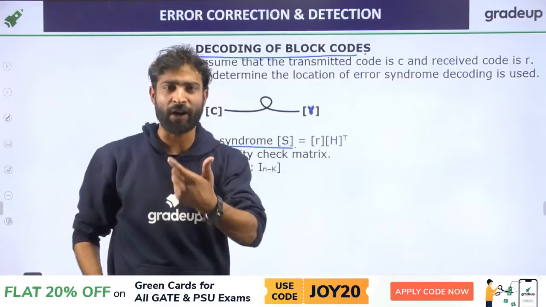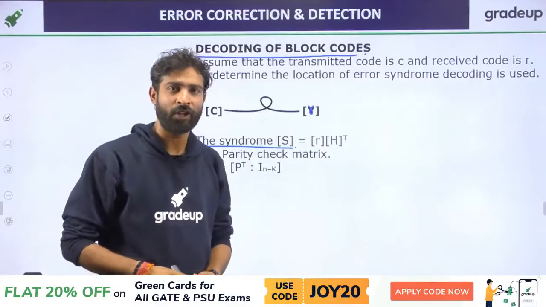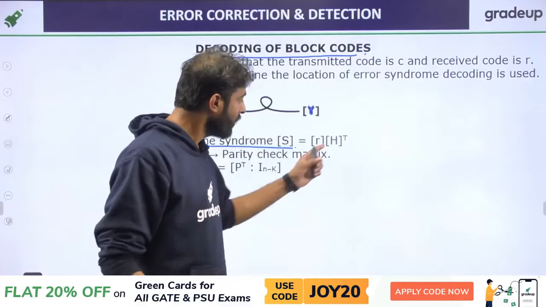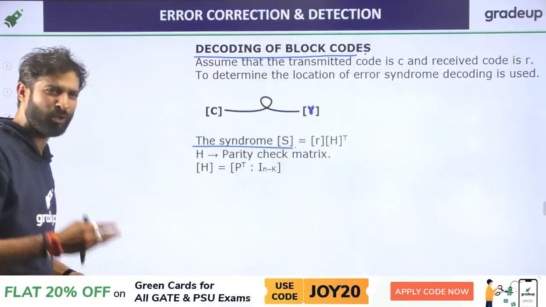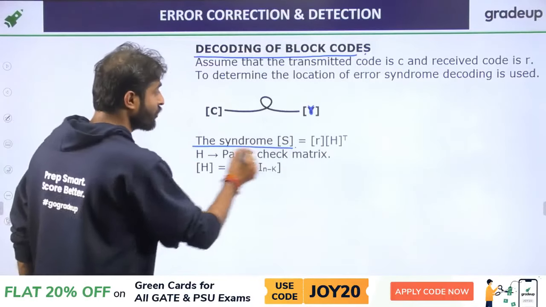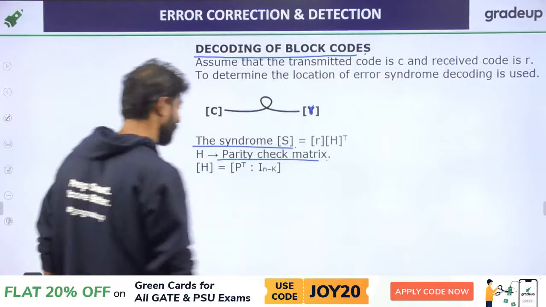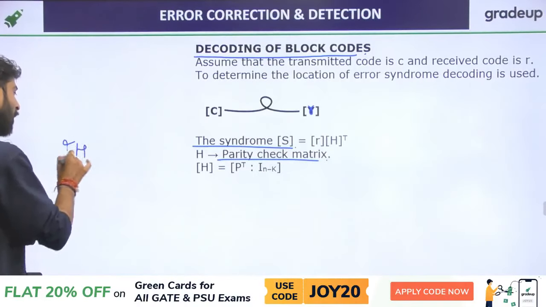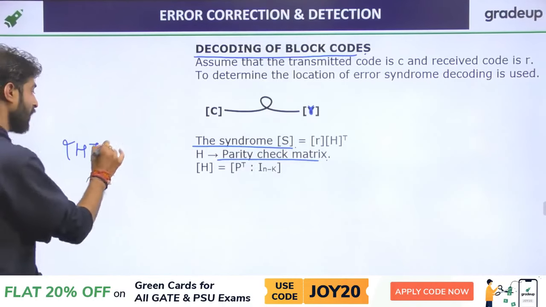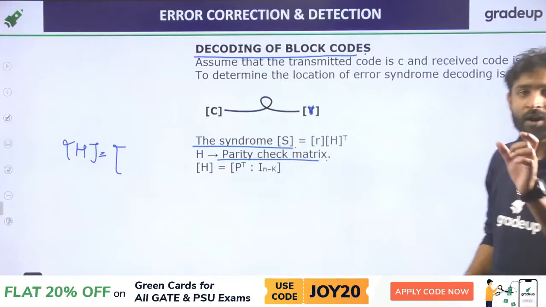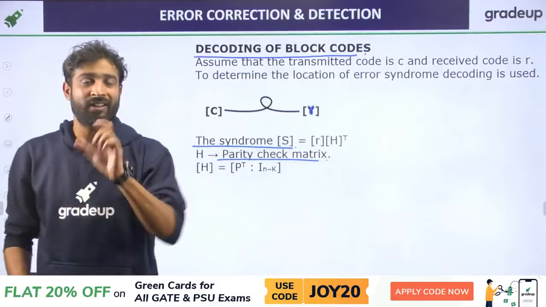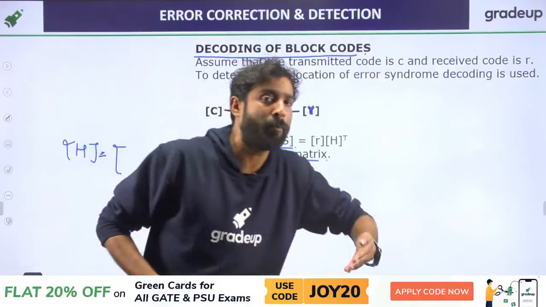You know how to find the transpose? For the transpose, the rows are converted into columns and the columns are converted into rows. That is called the transpose. You are all aware of that, right? H is called the parity check matrix. And what is the form of the parity check matrix? In the generator matrix, first we write the identity matrix, after that the parity matrix.